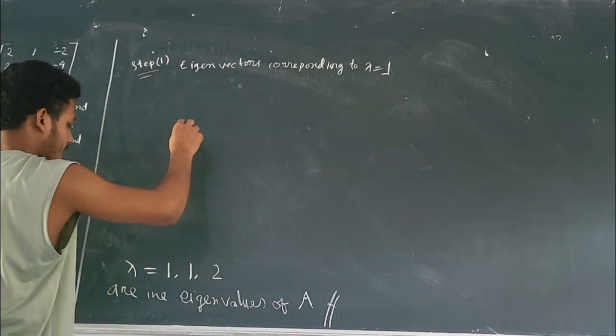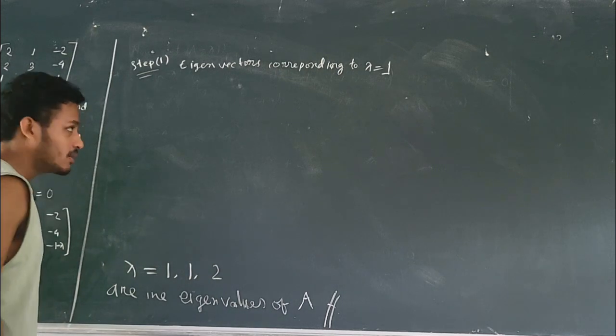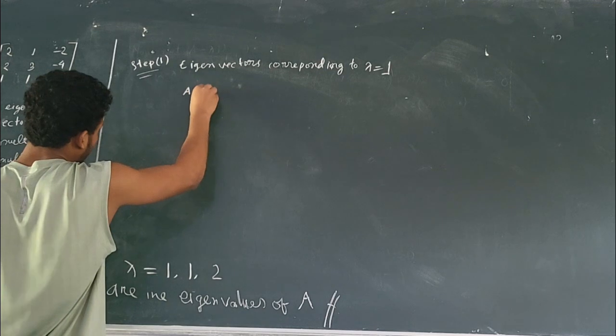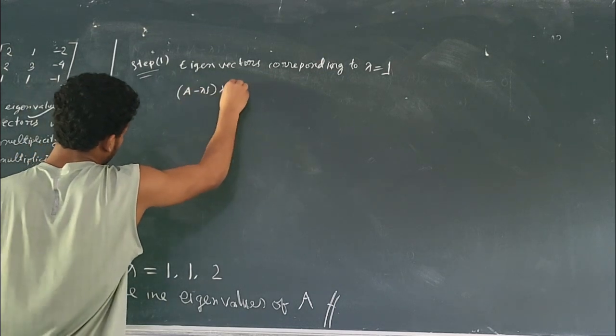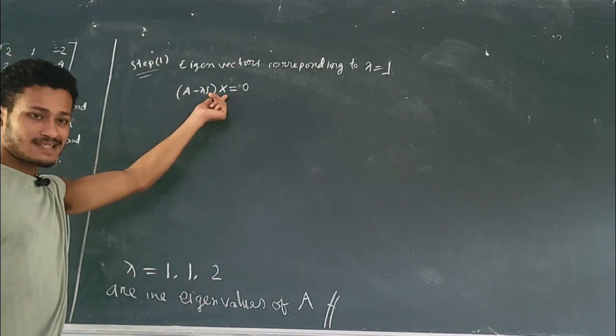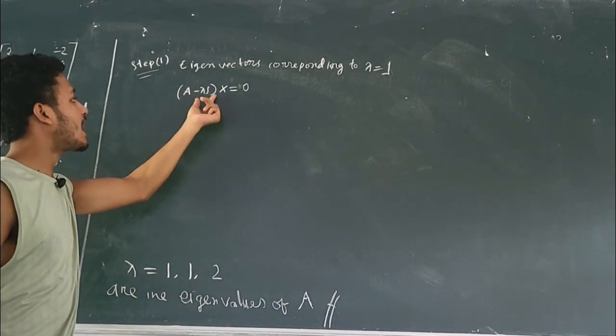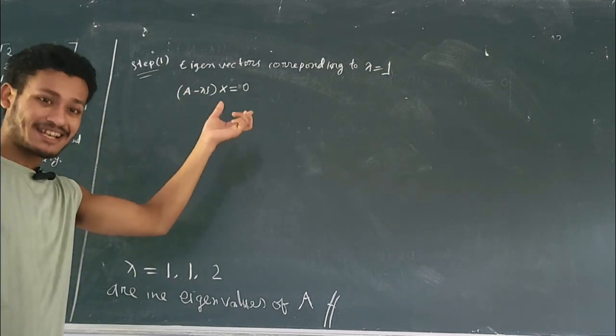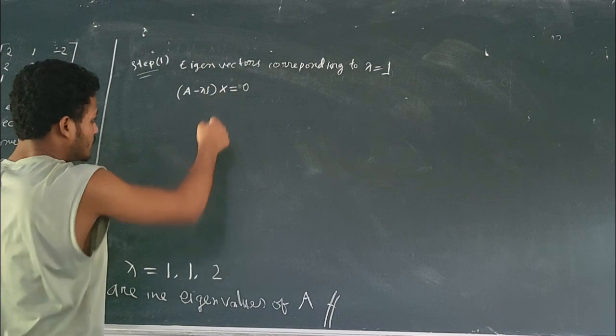So what is an eigenvector? An eigenvector is a vector x such that (A minus lambda I) into x is equal to 0. The set of all x such that (A minus lambda I) into x is equal to 0 is the eigenspace, the values of x we are going to find.